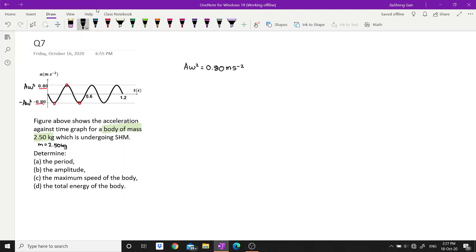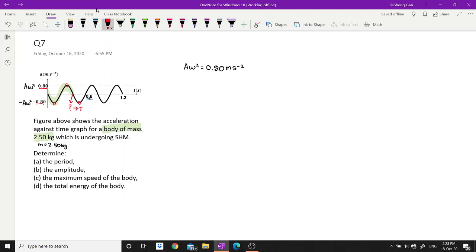Besides knowing things on the y-axis, for the x-axis, what we can see here is they've given to you 0.6 second, but this is not a complete oscillation. This is 1.5 oscillation. A complete oscillation should go from here to here only. So we need to find the time at this particular moment, and that time will be our period.